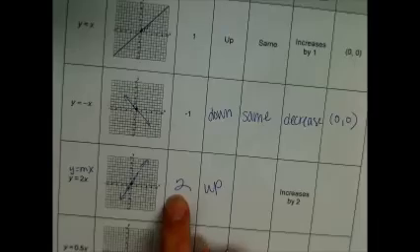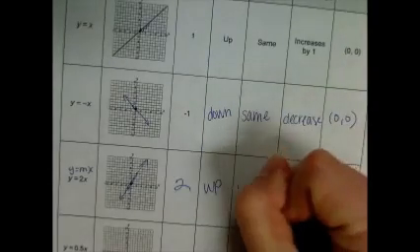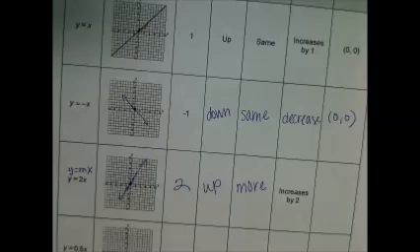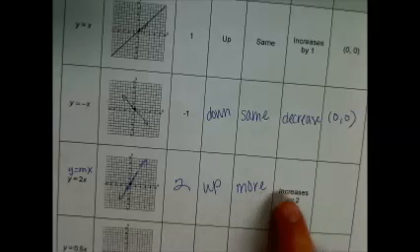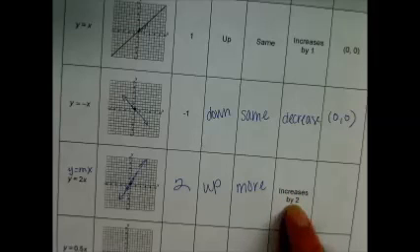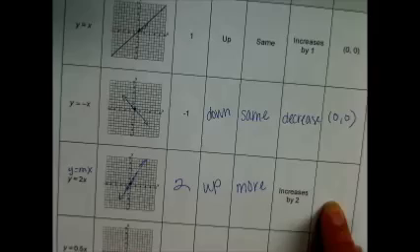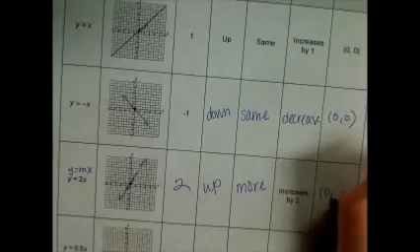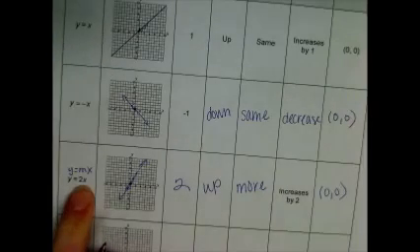Your steepness is now 2, so therefore it's more. When x increases by 1, y increases by 2. The coordinates of the y-intercept are still 0, 0, because I do not have a b.